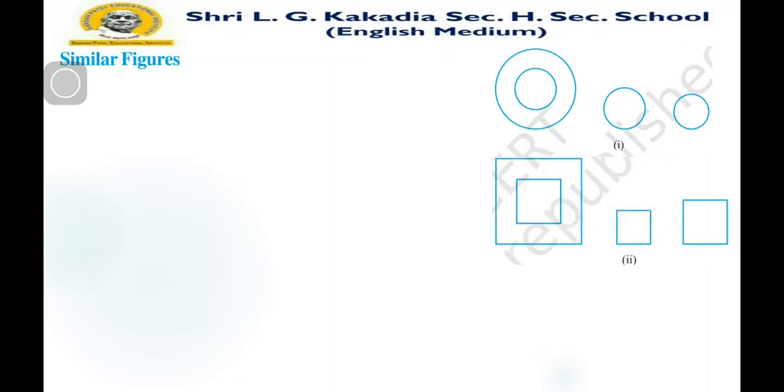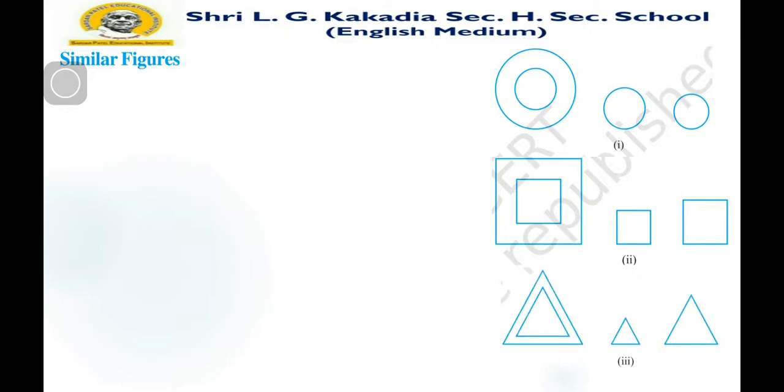As well, let us talk about squares. In a square, we know that all the sides are equal, so you can see that both squares are similar. We can say that all squares, not just one or two, are similar.